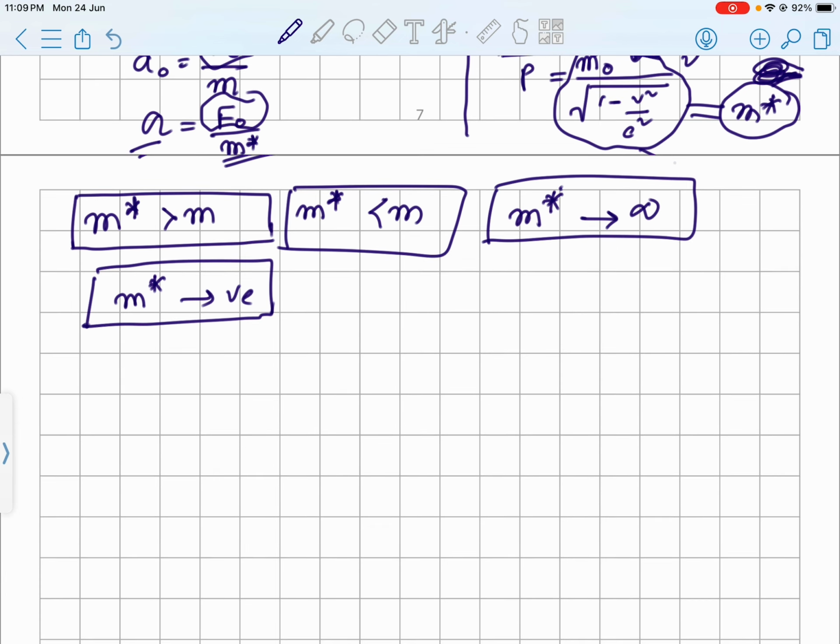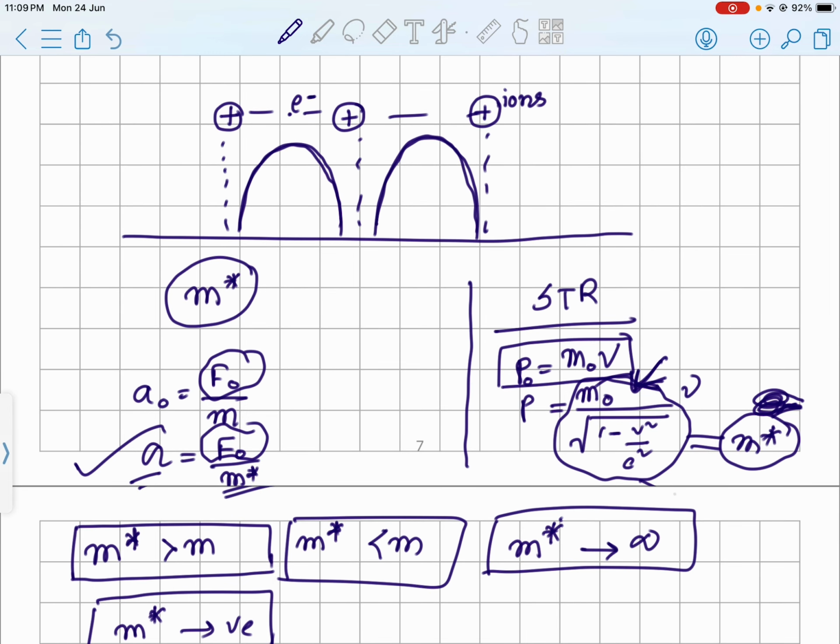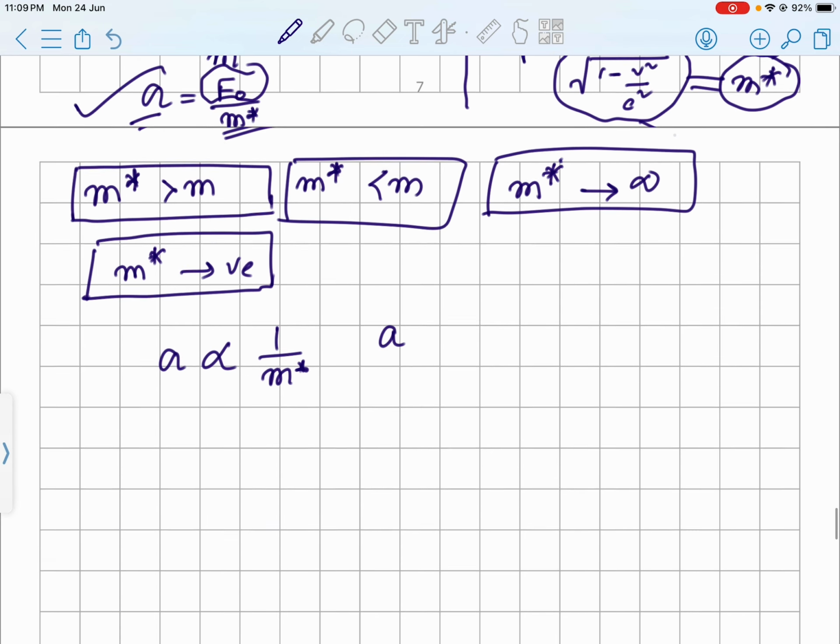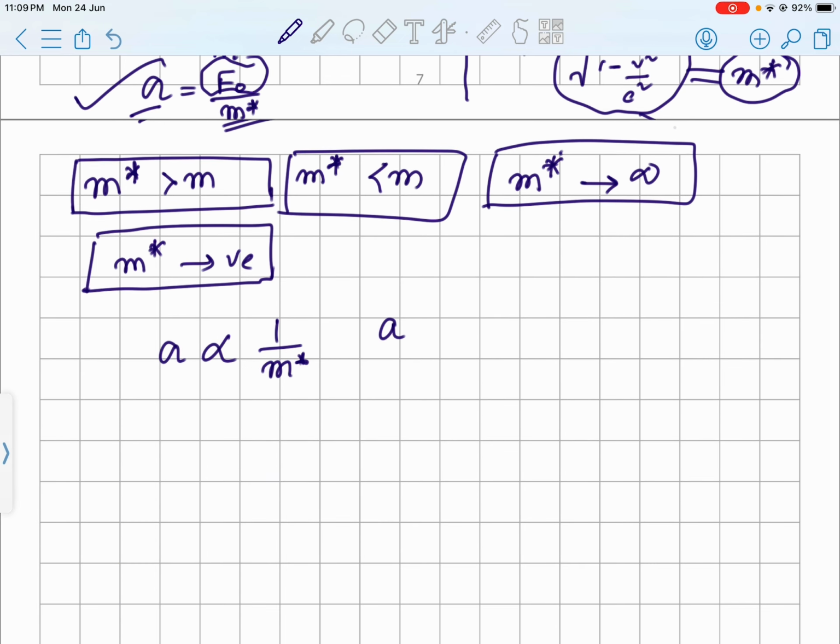Now we know a is inversely proportional to m star from this relation. Okay, so if we increase force, that is, if we increase the potential between this lattice, it is strongly bounded. Then the acceleration will increase and m star will decrease, that is m star is less than m.